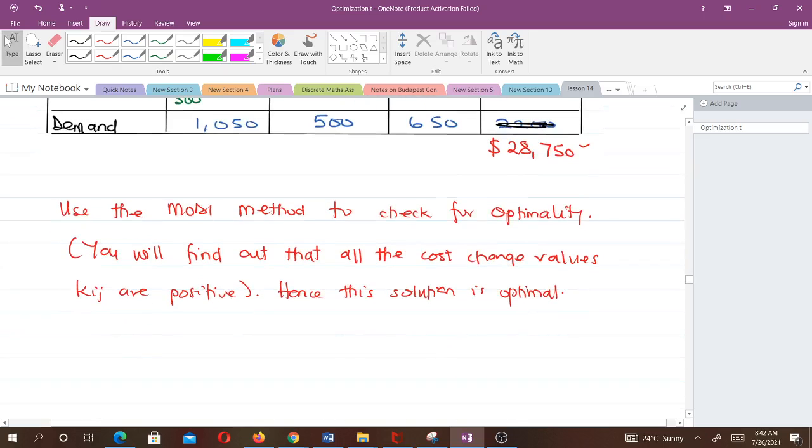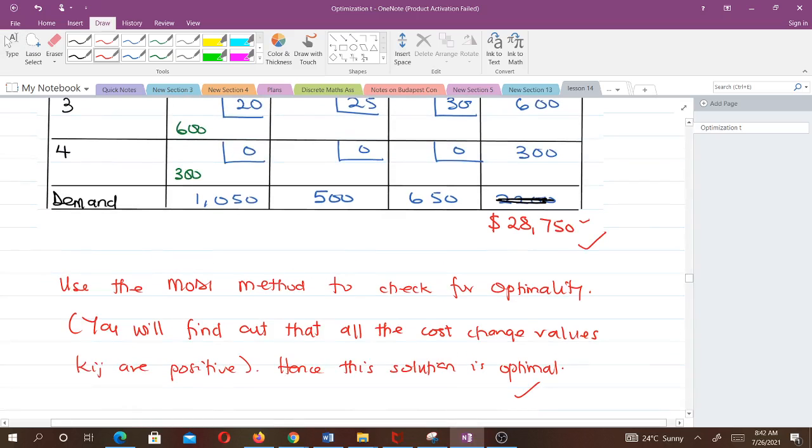I say use the modal method to check for optimality, and you find out that all the cost change values, that's Kij, are positive, hence this solution is optimal. So please complete it by developing the modal equations and calculating the net cost change. All of them should be positive, because this solution here is optimal.